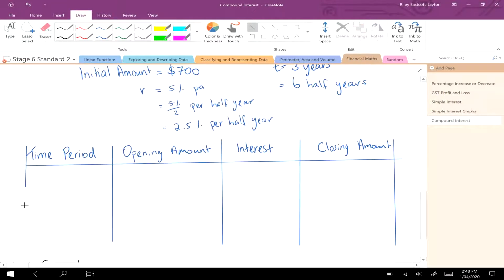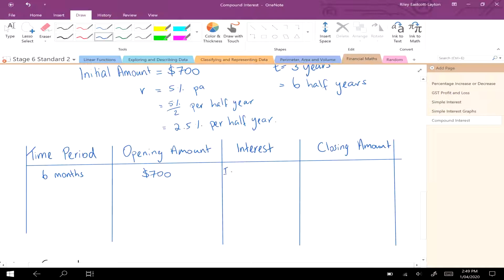So our first time period is going to be after 6 months. After 6 months, we open our account with the $700. So this is right before our money's been invested. We've got to work out what our interest is.